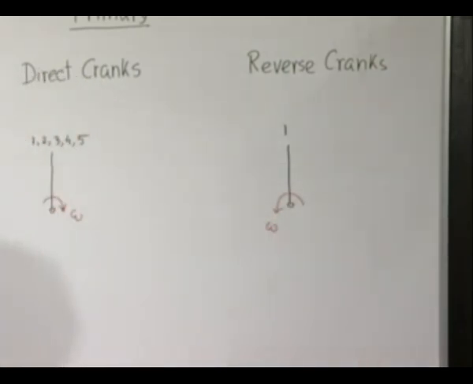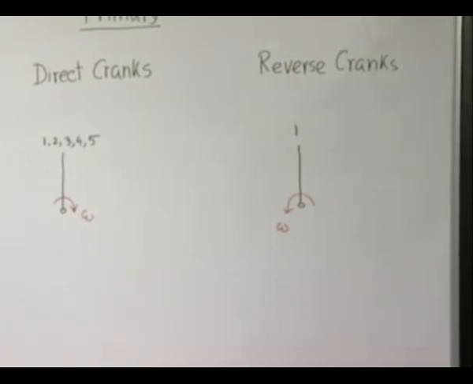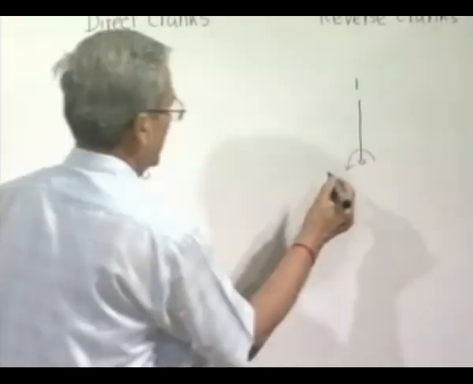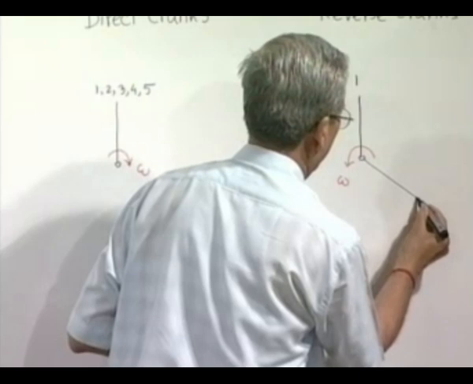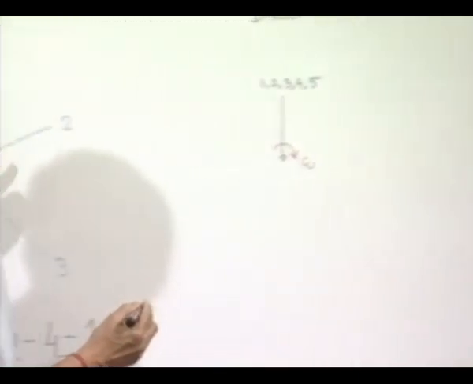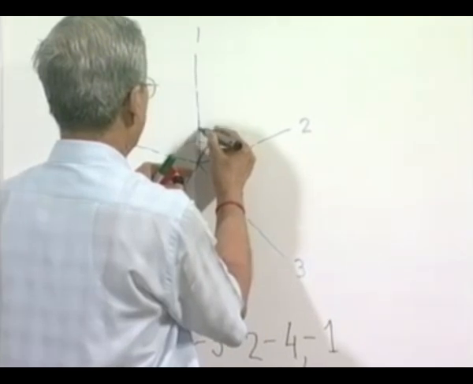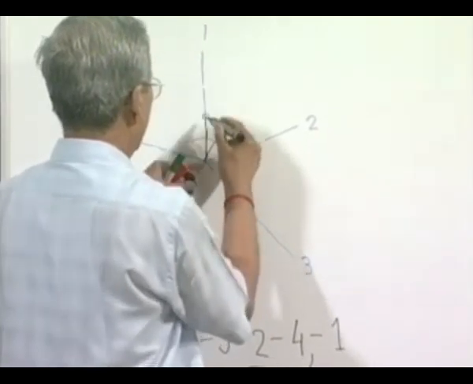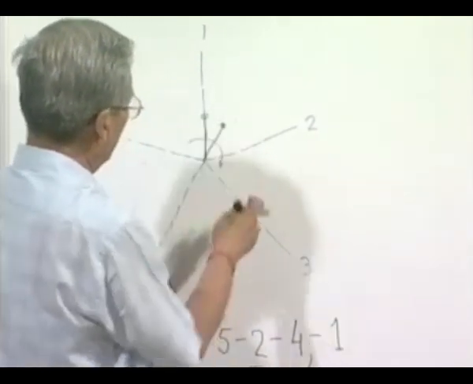Now where will be the reverse crank of cylinder 2? Direct crank being here, the reverse crank will definitely be its mirror image, that means along 3. So this will be the reverse crank of cylinder 2, because here the direct crank is here, so the reverse crank will be just the mirror image.